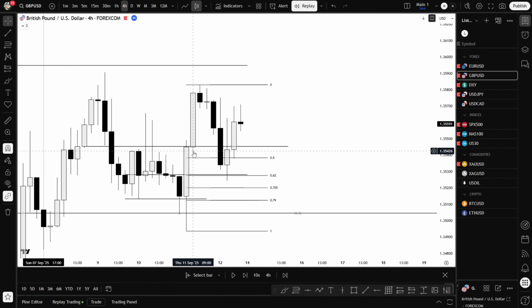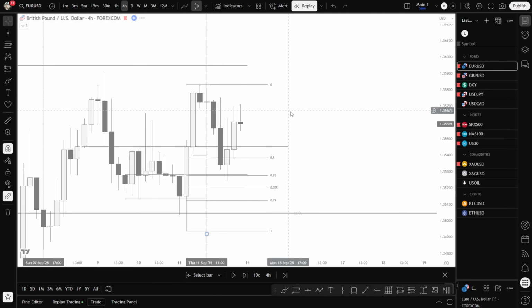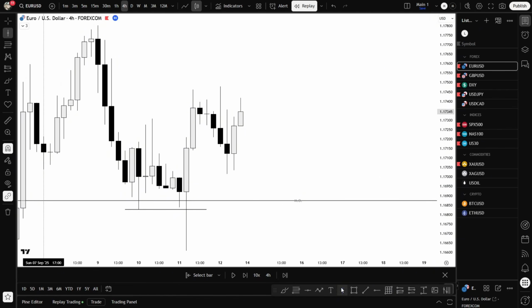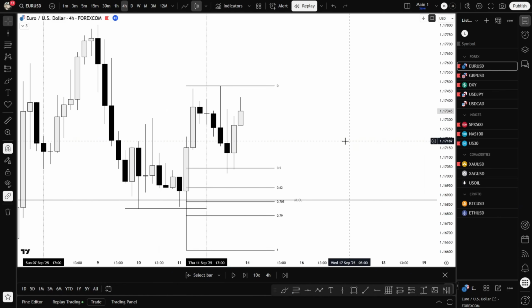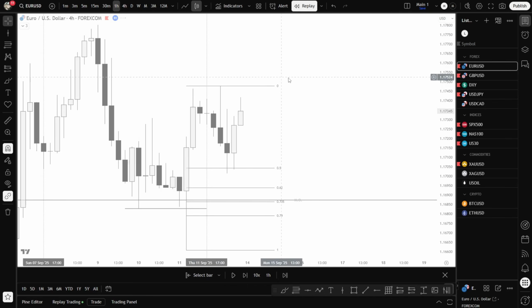We don't have a liquidity pool, but the range is a liquidity pool, the pre-liquidity pool, sorry, because the market opens here. Now on EU, we do the same. Opening price, we have a range here, we have an expansion, OTE, we draw the lines, high to low, FPG. Now we go to the hourly.